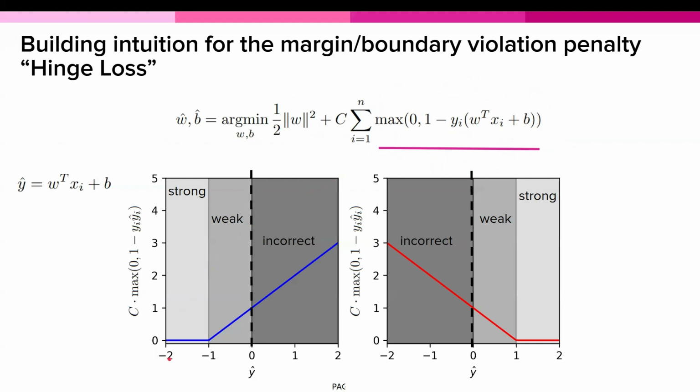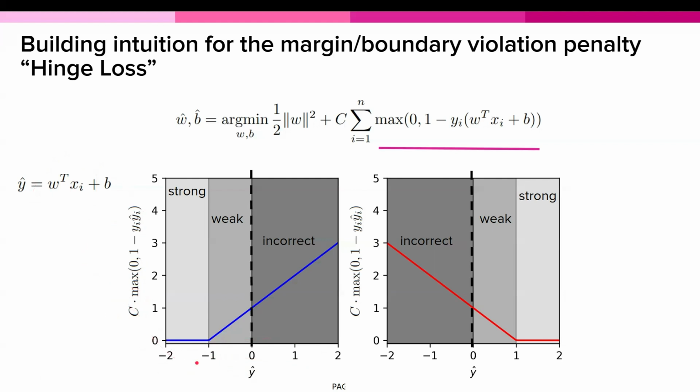On the y-axis, we have the magnitude of the penalty, so this is C times max of 0 or 1 minus yi y hat, and in this case, I've set C to just be 1. On the horizontal axis, this is the magnitude of the linear predictor, so W transpose xi plus b.